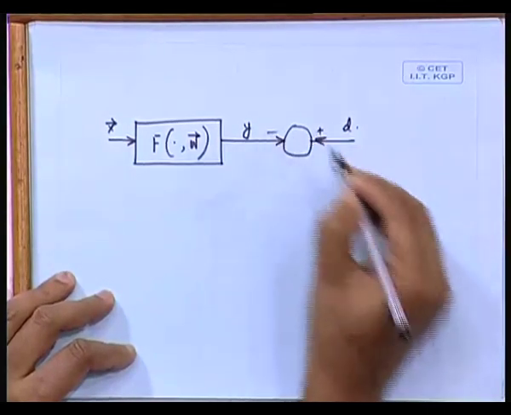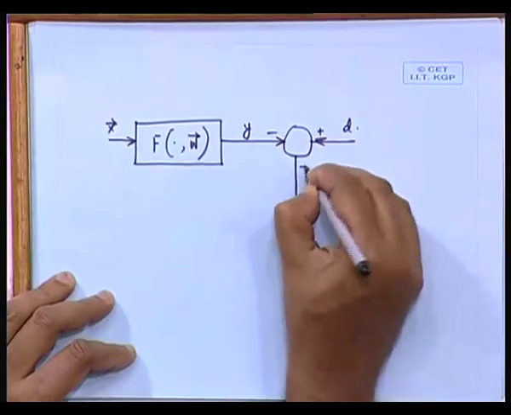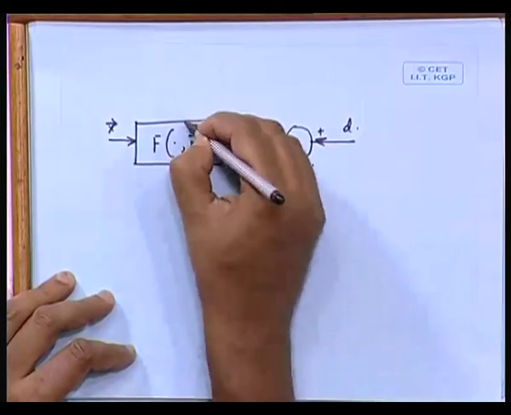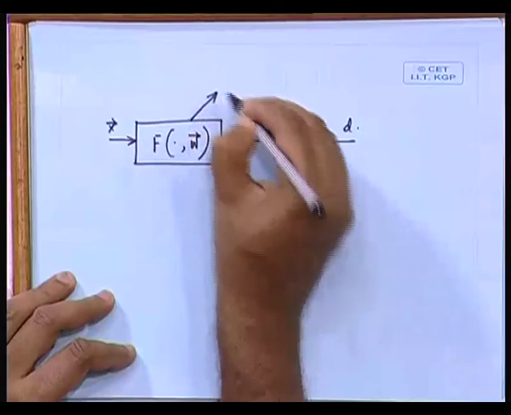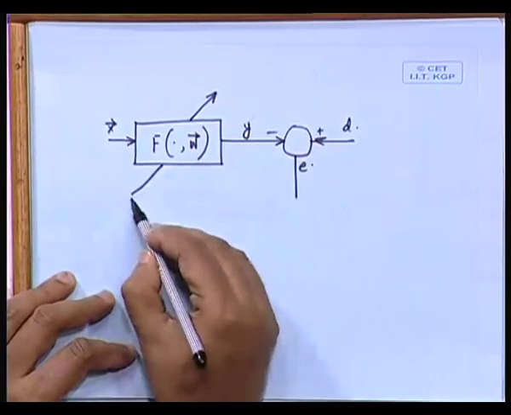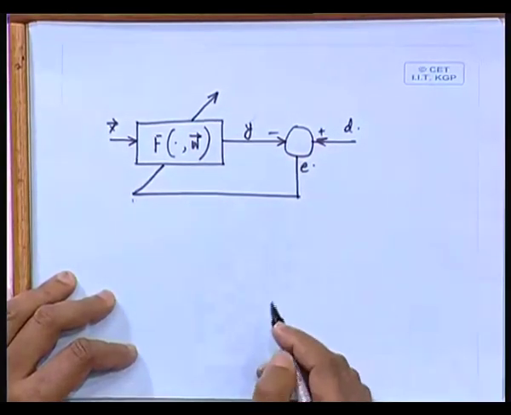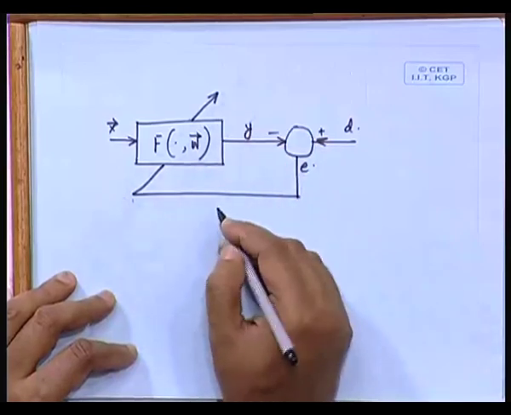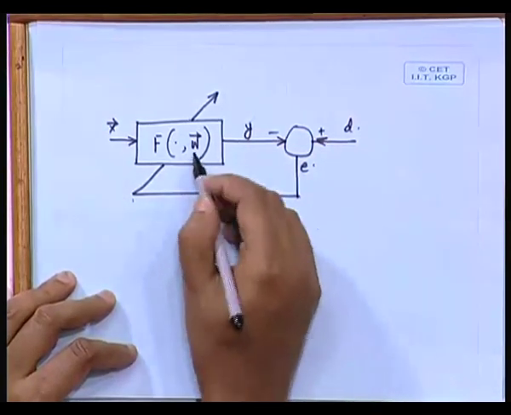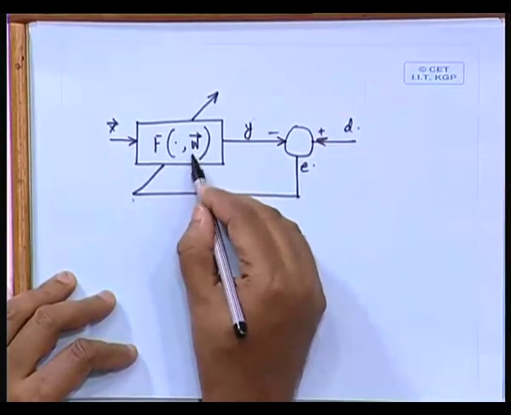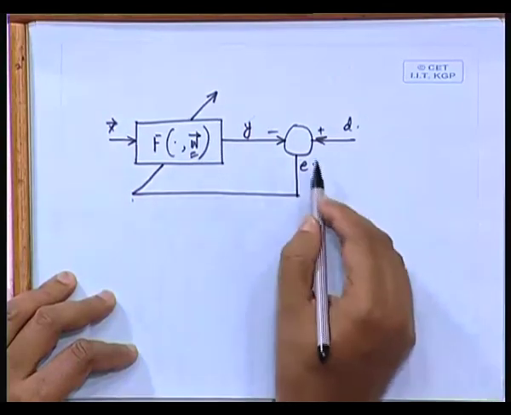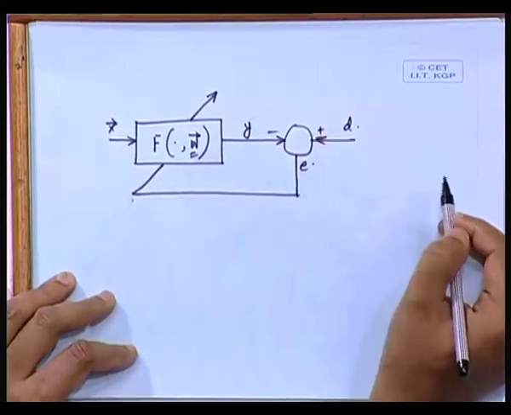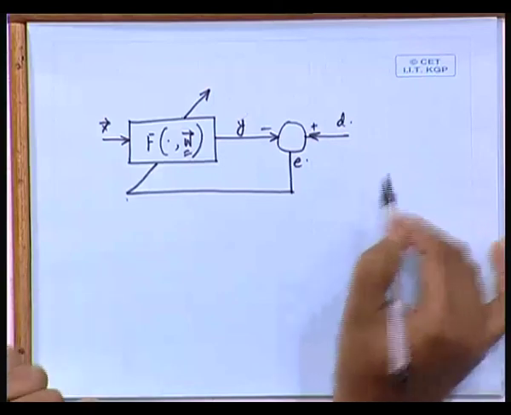So plus this and minus, and this is the error. The way of showing this indicates that we are going to adjust the weight vector w in accordance with this error e.